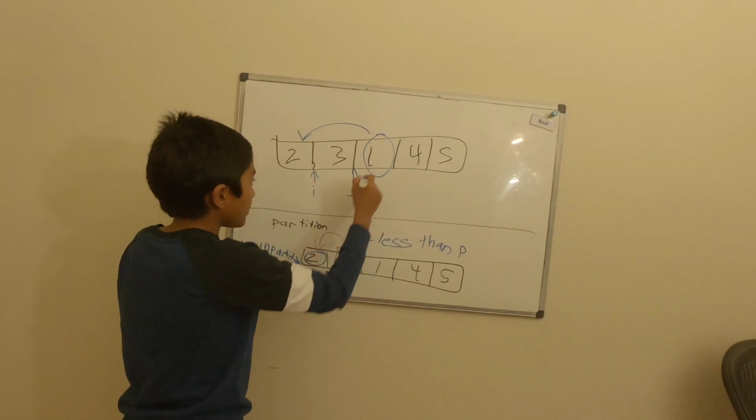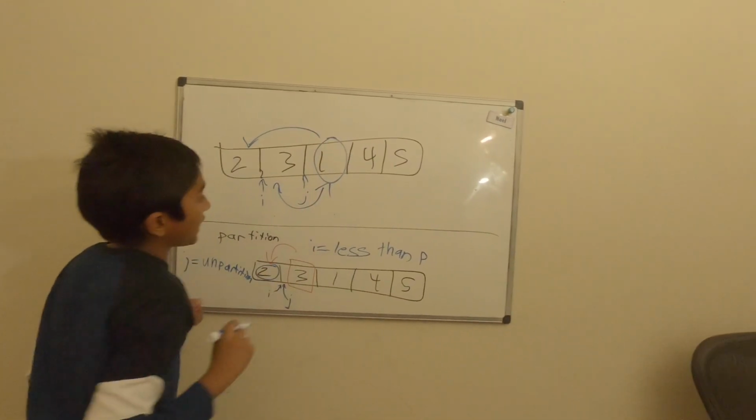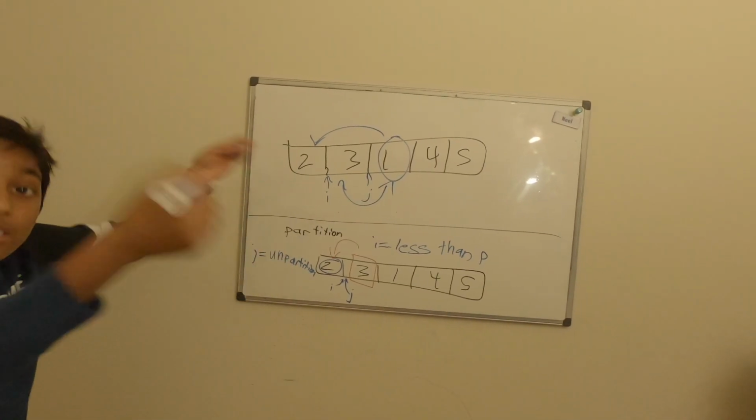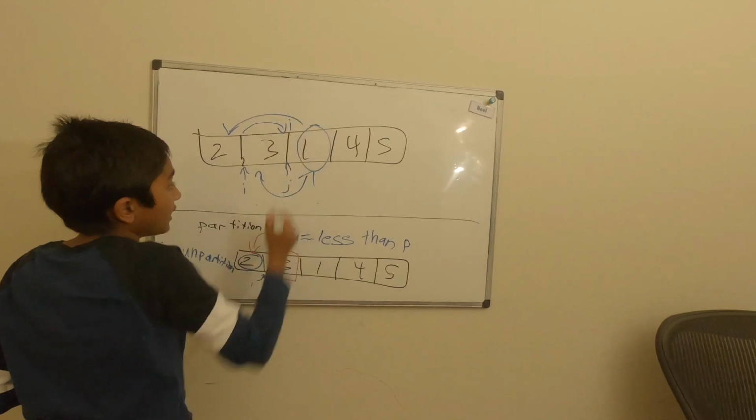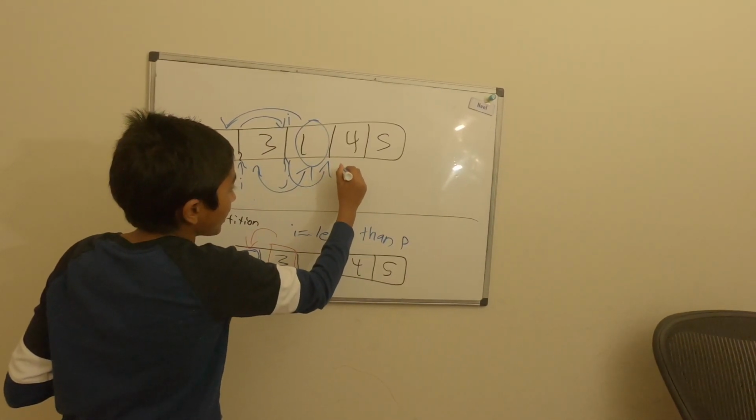So both of these are going to get swapped, and then because of this, we are going to shift I here, and then we're going to shift J here again.